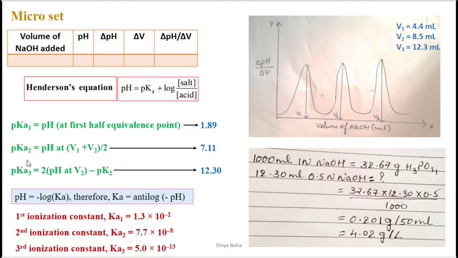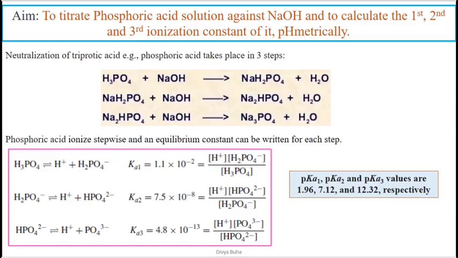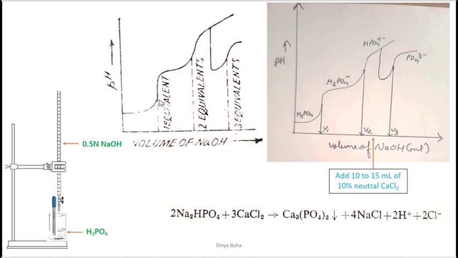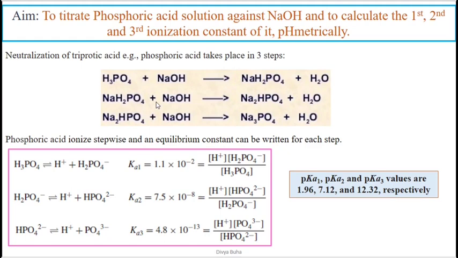So pKa1 would be equal to the pH at the first half equivalence point, because at half of the equivalence point, half of the neutralization would occur. We know that at the equivalence point, neutralization would be completely done. I'm talking over here of the first equivalence point. So at the first equivalence point, neutralization of the first proton would be completely done.